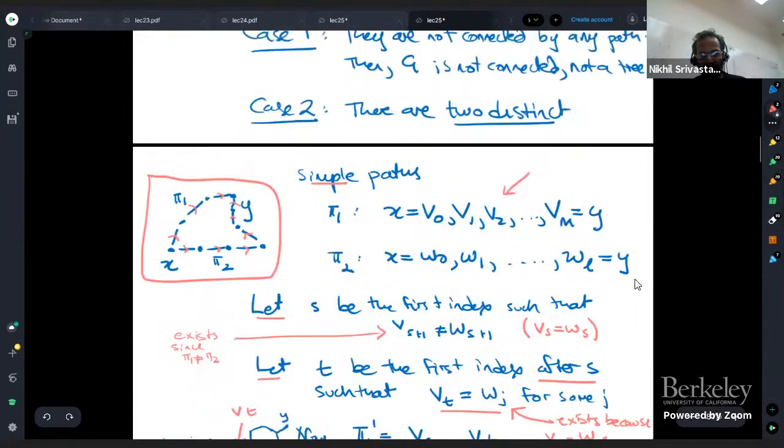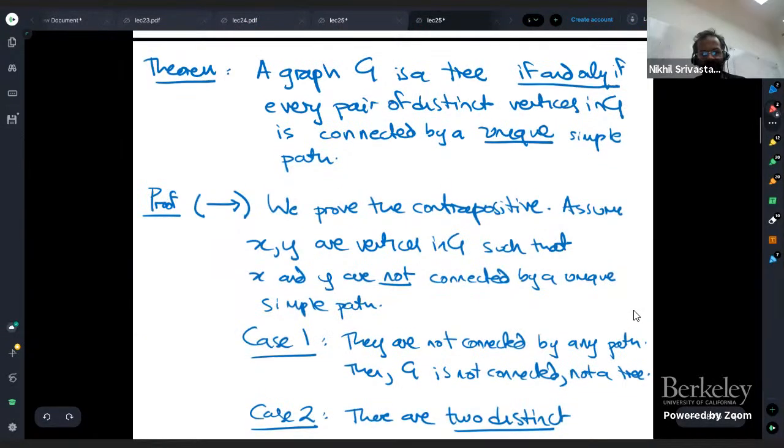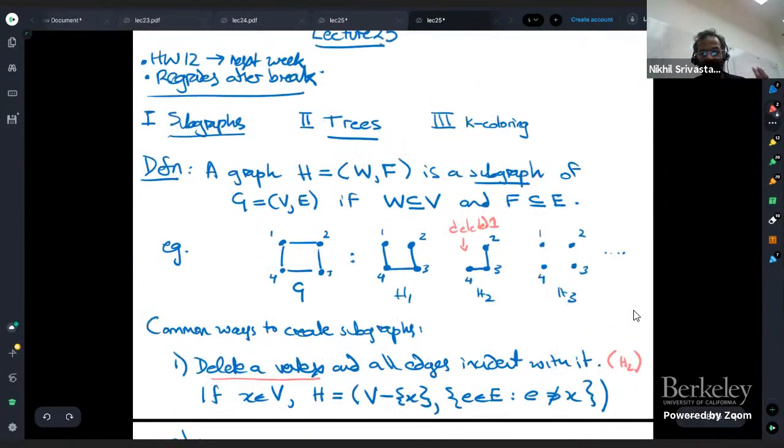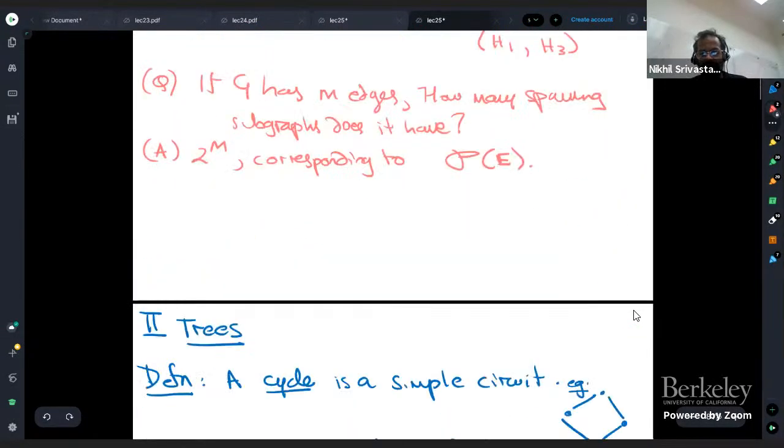So this is a good point. In the original definition of a path, I refer to it as a sequence of edges, right? And let me just add a remark. The remark is that a simple path is uniquely determined by the vertices. The most verbose way to write a path is to write it as an alternating sequence of vertices and edges.